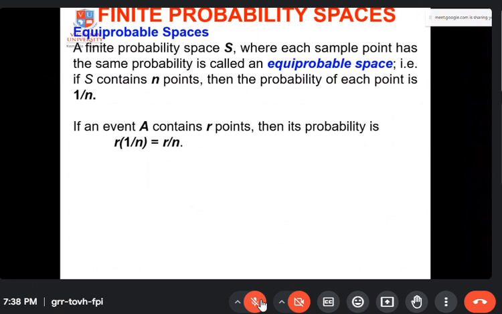If a lecture can happen on any day, each day has a probability of 1/7.